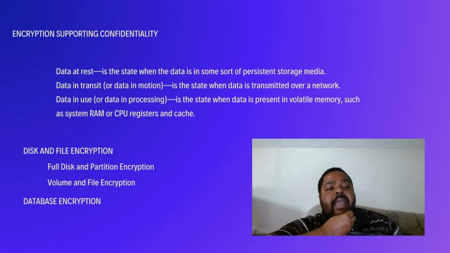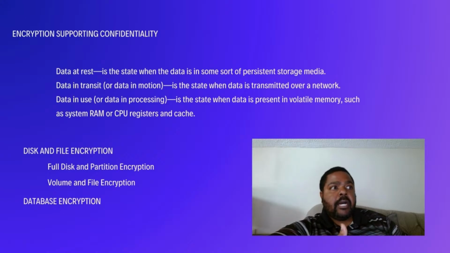The more popular way of encrypting data at rest is having some type of full disk encryption. You see a lot of this on your mobile devices, but you also have it on Windows machines and Macs, where you can encrypt a whole hard drive. For Windows, I know for sure it's called BitLocker.